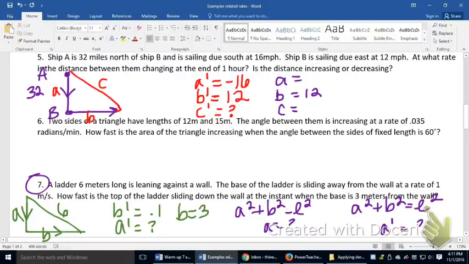Now it's at 16 less, so A is still 16. Sorry about that. Now to find the C, I do Pythagorean theorem. 12 squared plus 16 squared equals C squared, and I find out that C will be 20. So now I'm just going to do A squared plus B squared equals C squared. I'm going to find the derivatives.